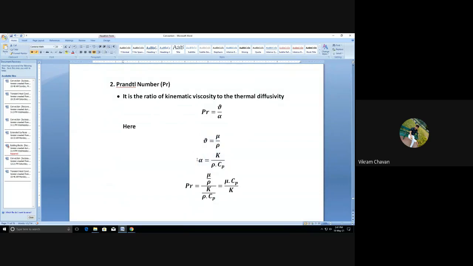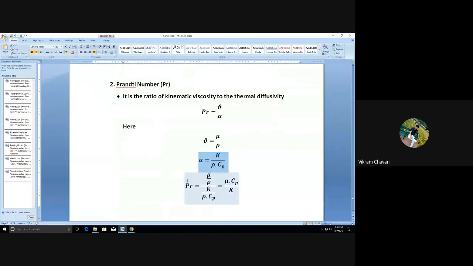Then alpha is the ratio of thermal conductivity to the heat capacity of that particular material, so alpha is equal to K divided by rho multiplied by Cp.